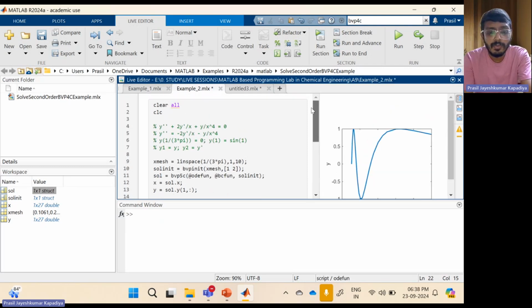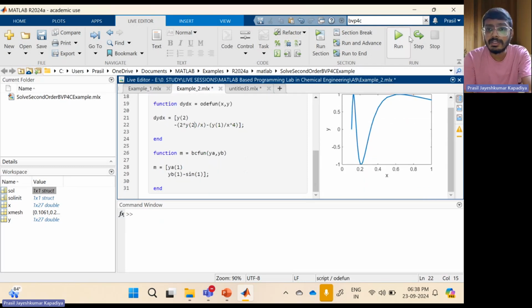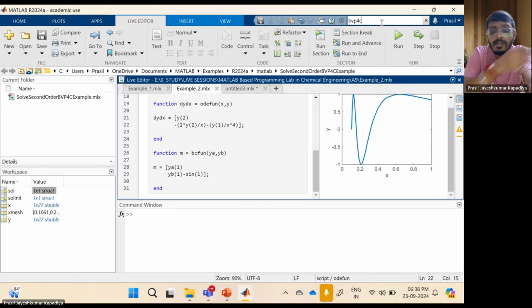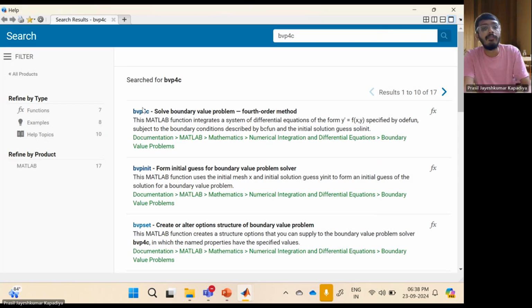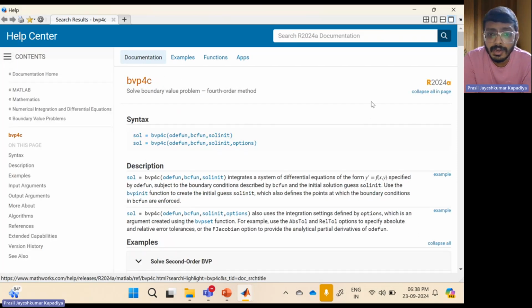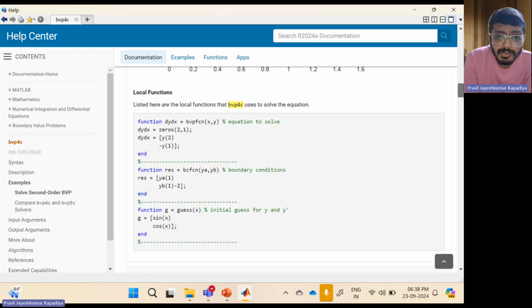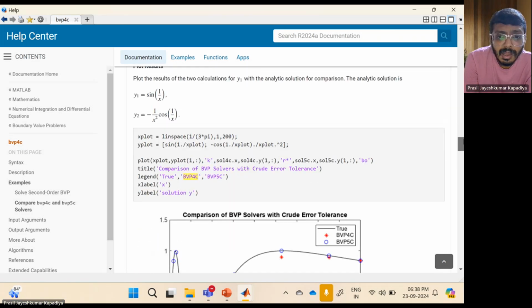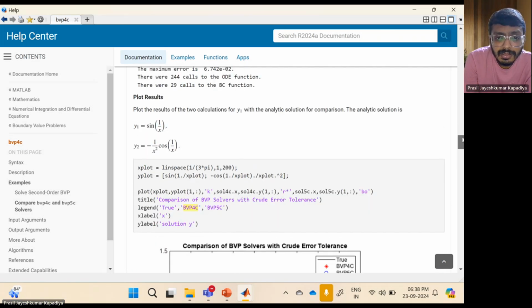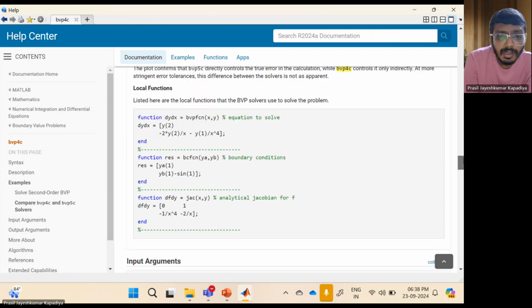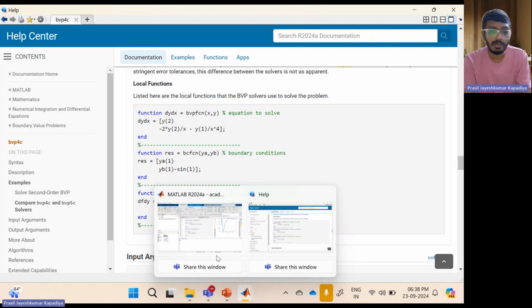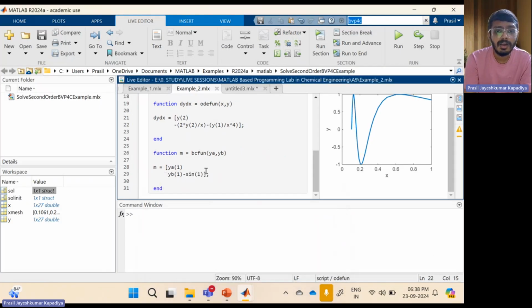Let me just check it once again. We have made a mistake because y1 prime is y of 2. So we need to write it as y of 2. So that is a small mistake that we did. See, minus 2 into y of 2 divided by x. Okay, so this was our small mistake.